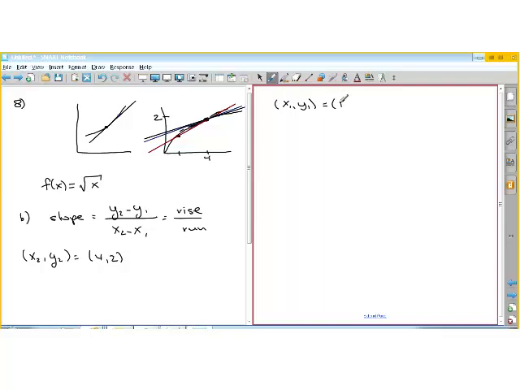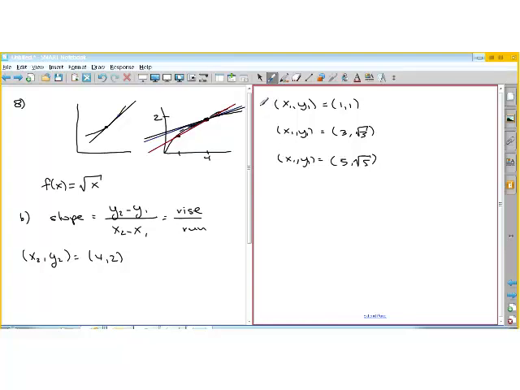So x1, y1 for the first case is going to be 1, 1, since x is equal to 1, the square root of 1 is 1. The second case is x1, y1 equal to 3, comma, the square root of 3. And the third case is x1, y1 equal to 5, comma, the square root of 5.